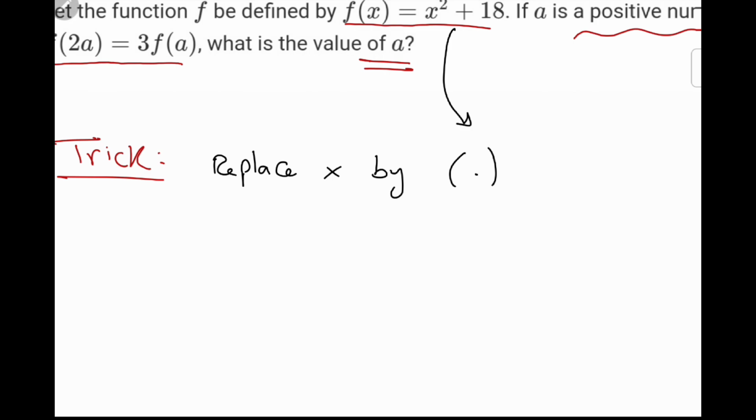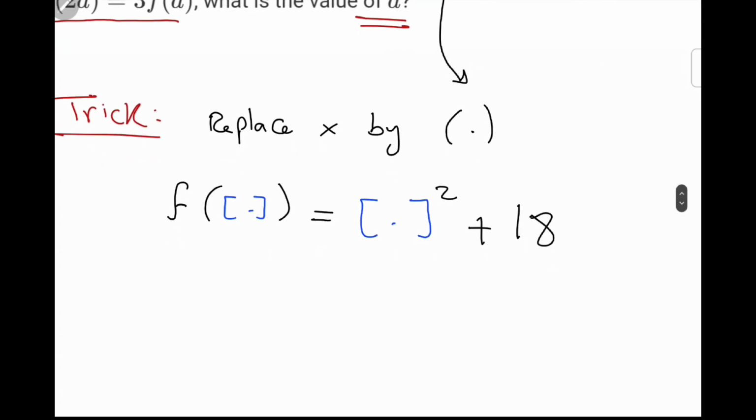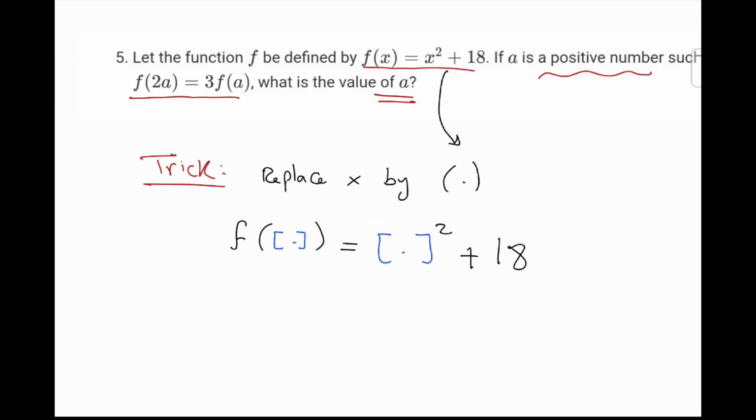So we will have f of, and let's put the bracket, equal to, so there's an x here, plus a bracket, square plus 18. So if the bracket is x, f of x equal to x squared plus 18.